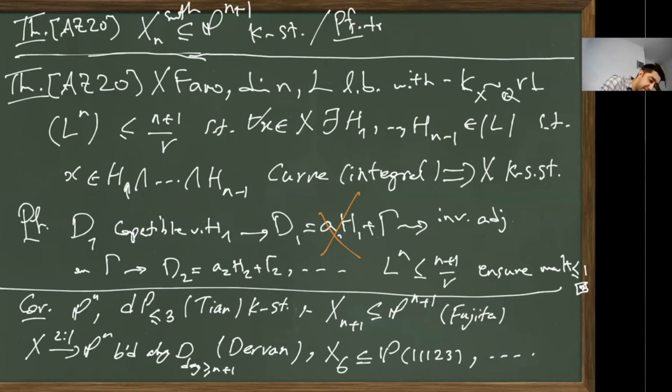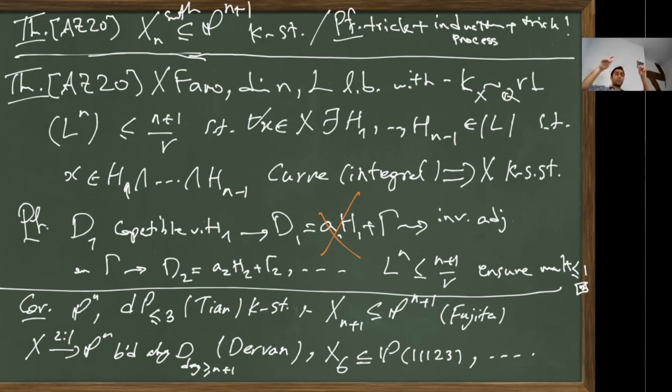What you do is you basically do a trick. You make a choice of a divisor away from your point. You go one dimension down, and then you do this induction process as before. And then at the end, again, you do this same trick again.